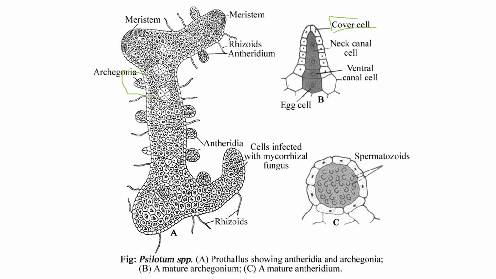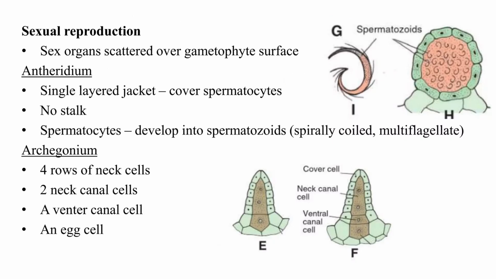You can see the antheridium, a mature antheridium having a single-layered jacket with multicellular sporogenous tissue producing spermatozoids. These spermatozoids are flagellated, coiled, containing multiple flagella, and usually swim towards the archegonia.